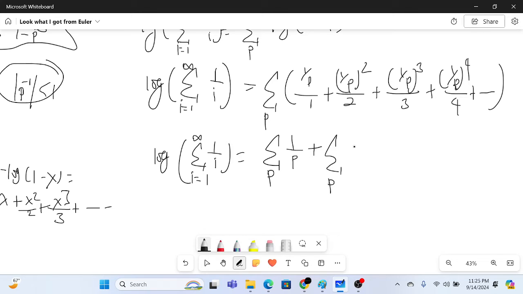So this is 1 by 2p square, sum over primes, plus the sum over primes of 1 by 3p cube, plus, and it goes on, plus the sum over primes of 1 by 4p to the power 4, and this goes on.